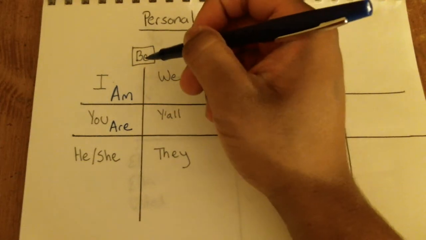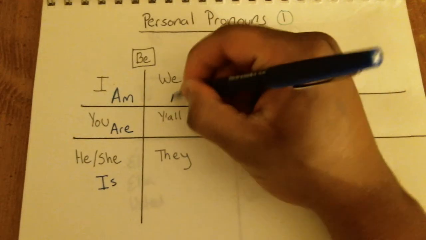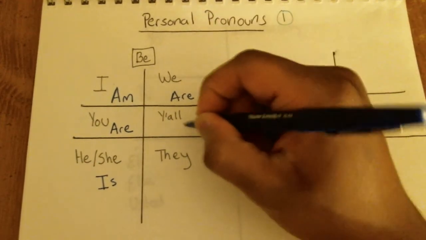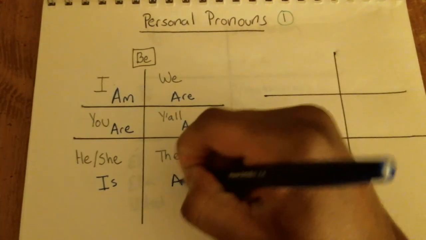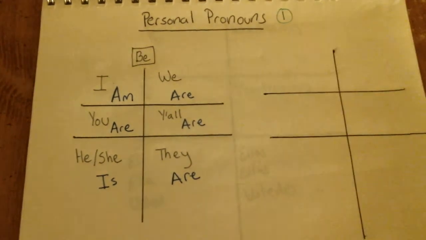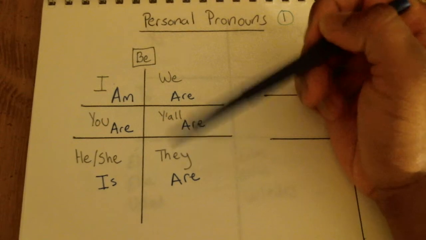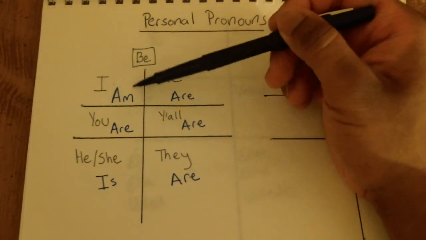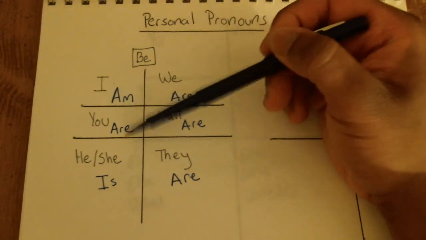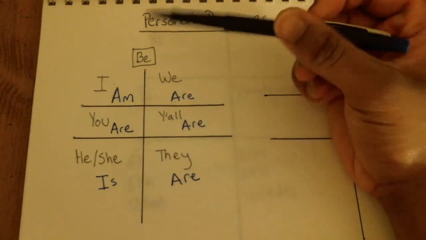And you would also not say he be or she be, you would say he or she is, and so on and so forth. You have to use the correct form of the verb depending on which pronoun is doing the verb, because the I or the you, he or she or whatever lets you know who is doing the verb, and then you must change the form of the verb. See, you have to say am instead of be, are instead of be, and so on and so forth.